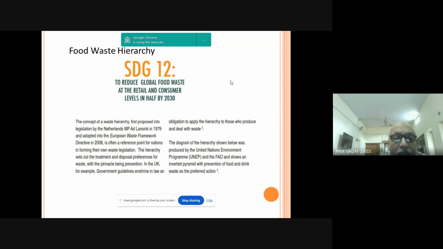And it was adopted into the European Waste Framework Directive in 2008. I'm going to show you a diagram of the hierarchy which was produced by the United Nations Environment Program and the FAO, and it is an inverted pyramid with prevention of food and drink waste as the preferred action.